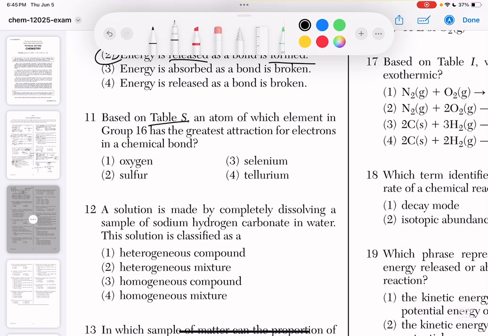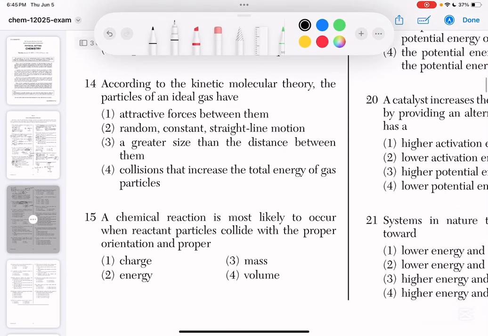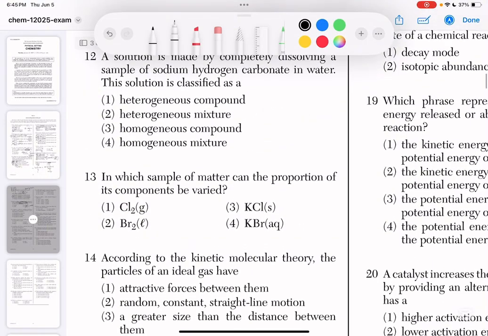Based on Table S, which has the greatest attraction for electrons in a chemical bond? Generally, since these two are metals, you can pretty much cross them out right away. And then this is just like electronegativity type questions.